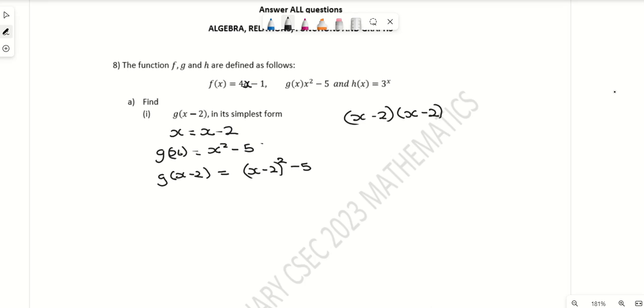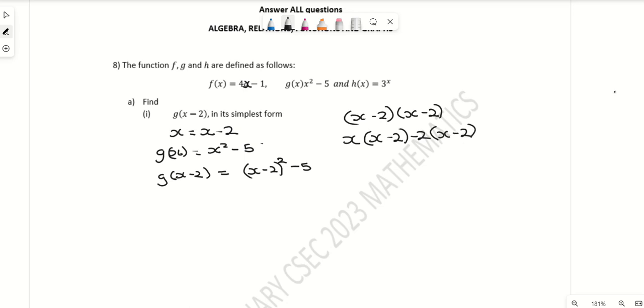I'm going to multiply x, my first term in my first bracket, by everything in my second bracket, which is x minus 2. Then I'm going to take my second term in my first bracket, which is minus 2, and multiply it by everything in my second bracket, x minus 2.